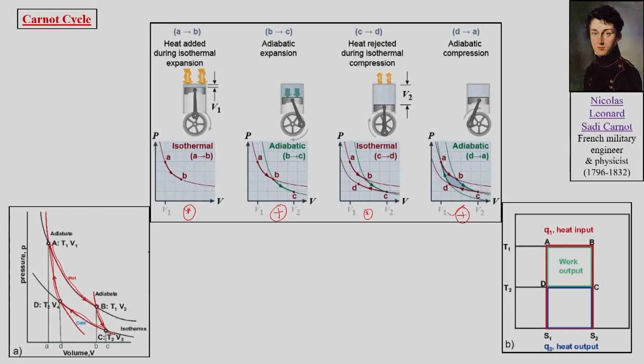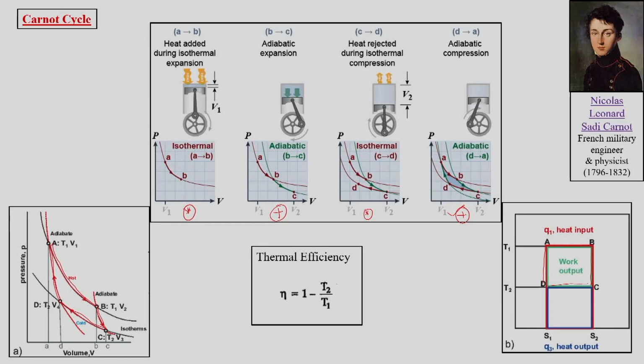But in the case of the TS diagram, A to B is an isothermal process, a straight horizontal line. B to C is an isentropic process, since the process is adiabatic and reversible, so a vertical line. Then C to D is again an isothermal process, a horizontal line, and D to A is a reversible adiabatic, which is an isentropic process. So practically the TS diagram would look like a square or a rectangle in the case of the Carnot cycle.